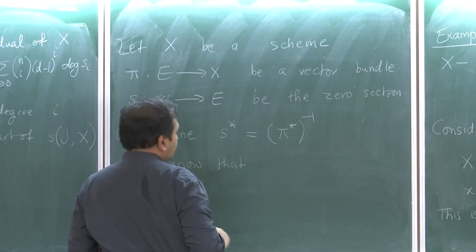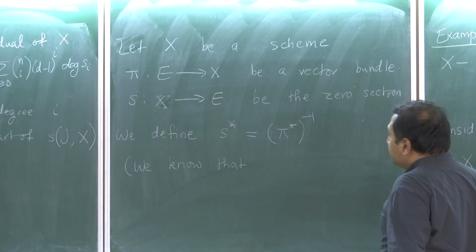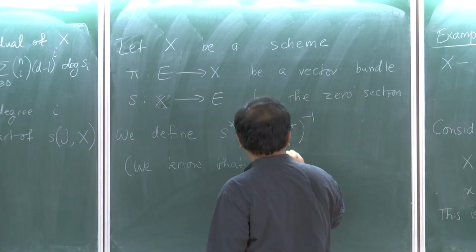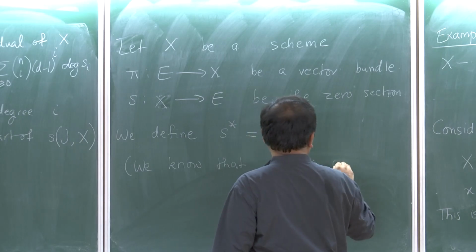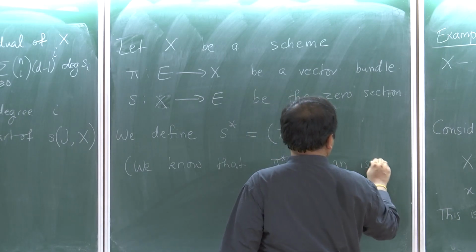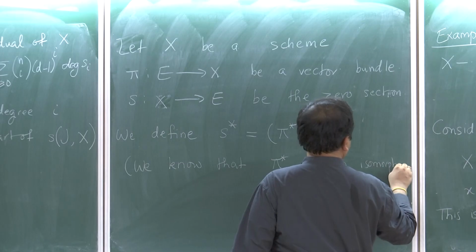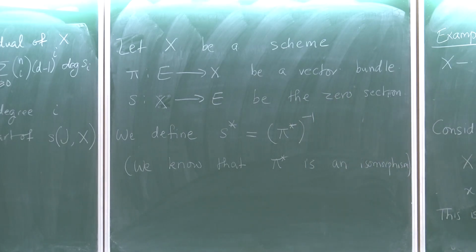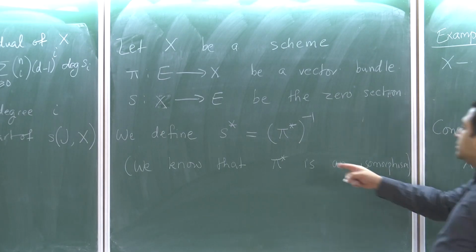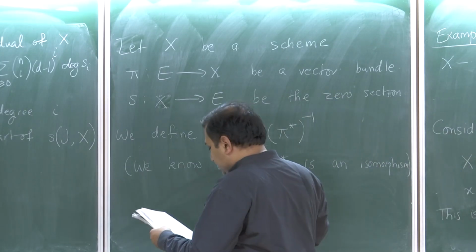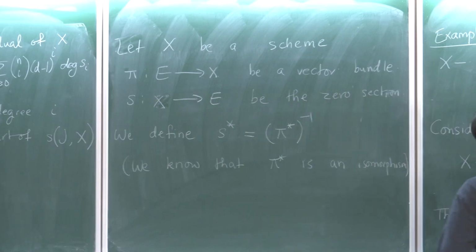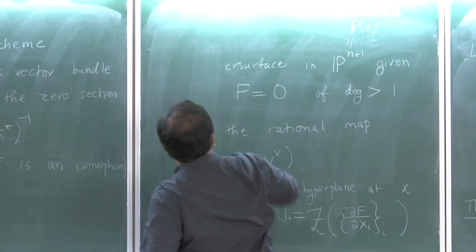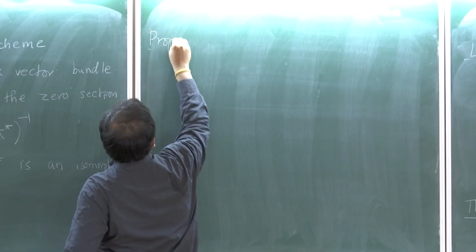Based on what Amit did, we know that pi upper star is an isomorphism, so that's why I can do this. What I want to do is get a different expression for s upper star, which will be useful later. So here is a proposition.